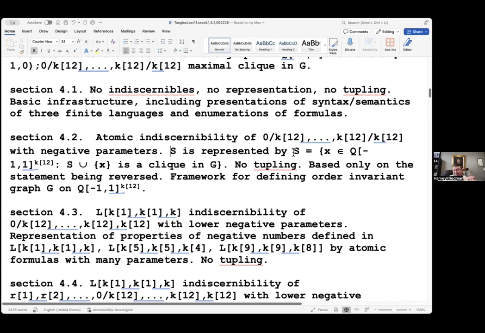S itself is the set of points where you're still a clique when you add it on. Since S is a clique, that just means S is a maximal clique. I'm sorry, S is the set of all things such that you can do this.